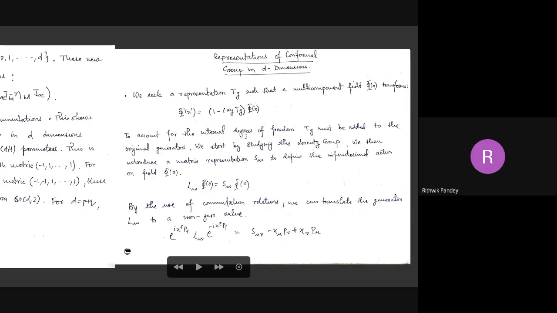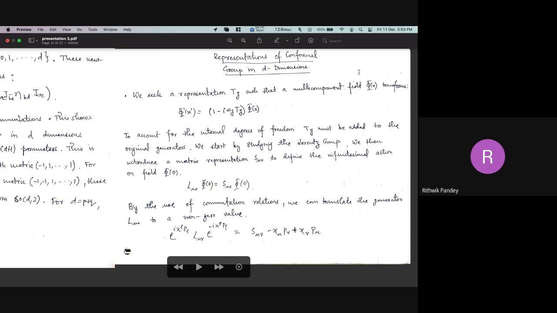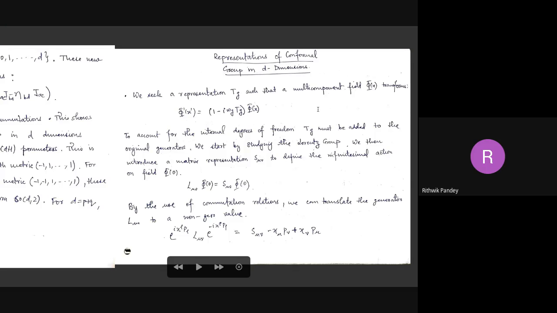So now, as in physics, we are mainly interested in representations of groups and how they act on different things. Till now, when we derived the relationships for the generators, we made an assumption that the field phi of x doesn't change under the action of conformal transformations.